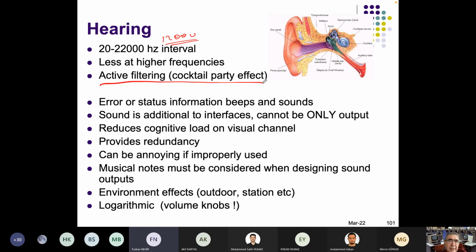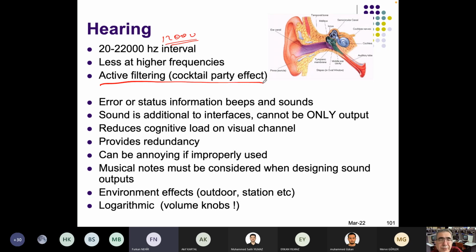For example, we can eavesdrop on two people talking in the cocktail party and still understand. That's called active filtering, and that's becoming available in recent desk microphones for meetings.